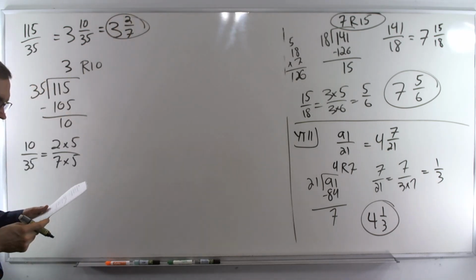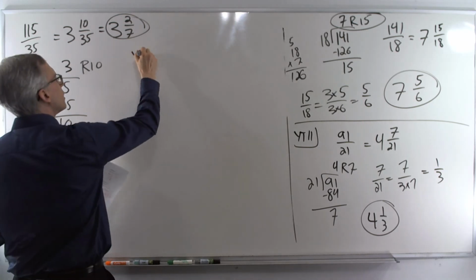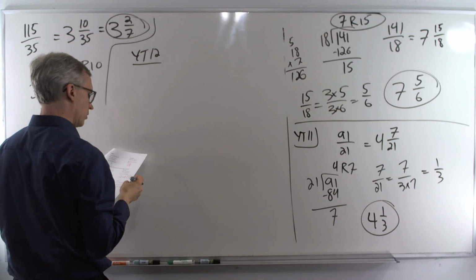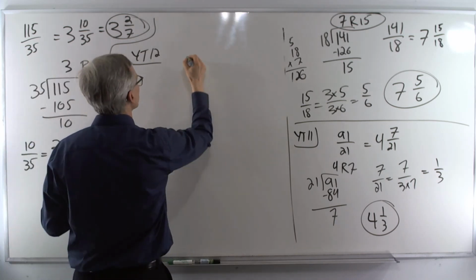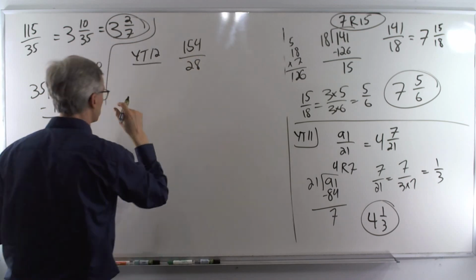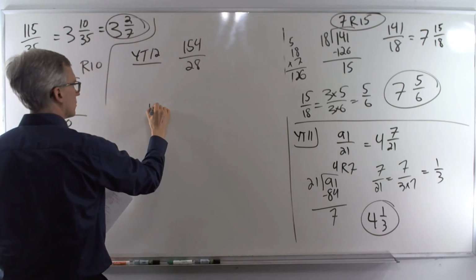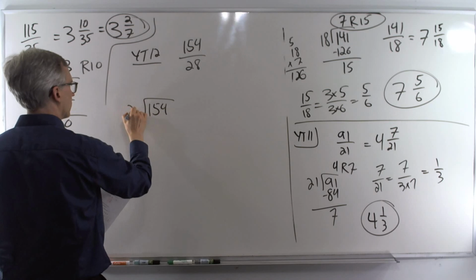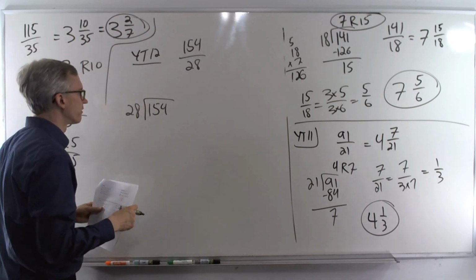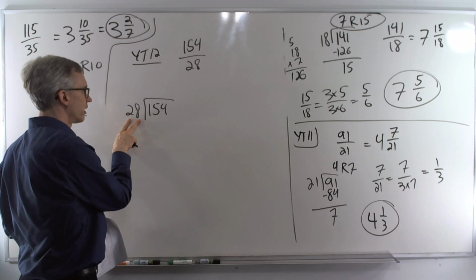Next up, your turn, number 12. 154 over 28. All right, 28 doesn't go into 1 or 15. We're going to divide it into 154. This is approximately 30.